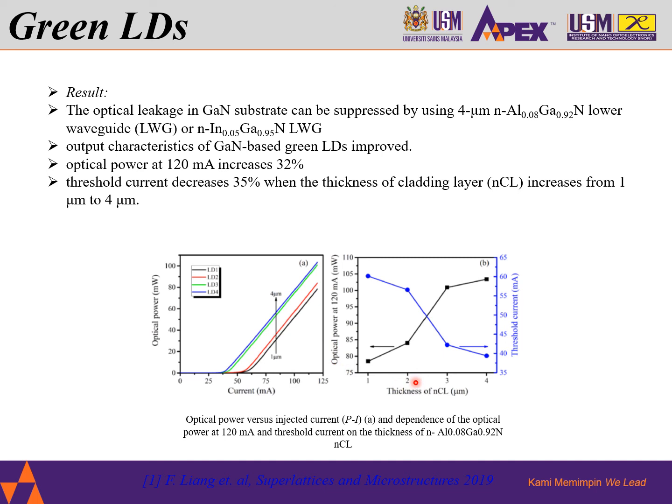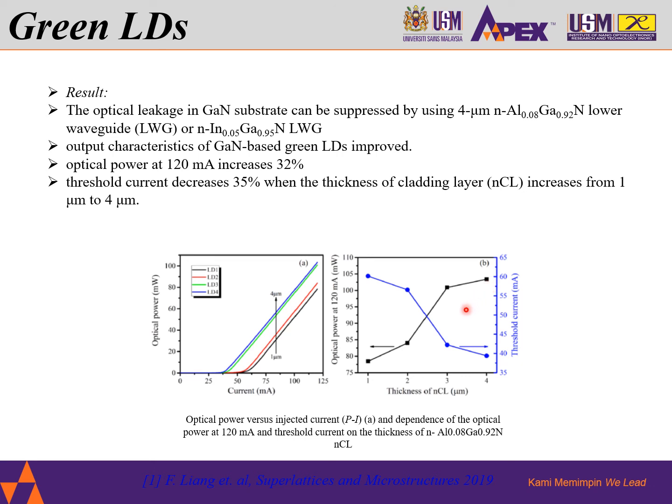For LD1 to LD4, the optical power at 120 milliampere is 78.44 milliwatts, 84 milliwatts, 100.89 milliwatts, and 103.38 milliwatts respectively.